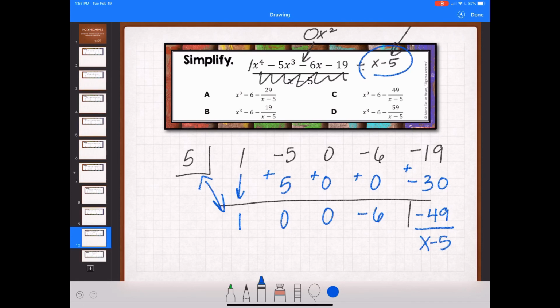We have the constant is minus 6, the x term, the x squared term, and the x cubed term. Now since 0x squared and 0x are just 0, we don't really need to write that. So our final answer would look more like this. x cubed minus 6 minus 49 over x minus 5.